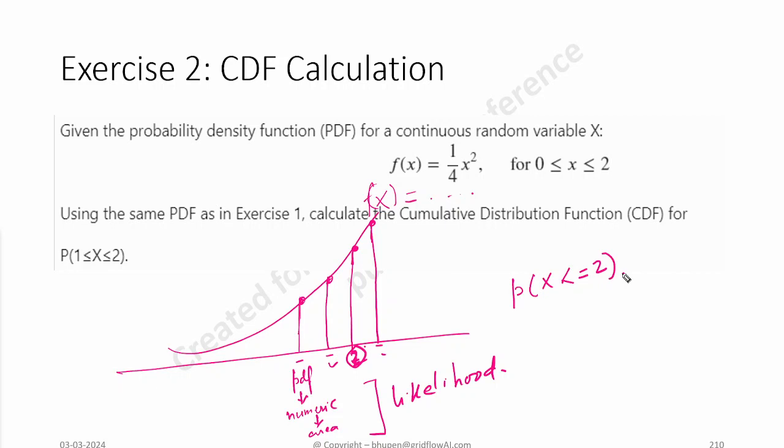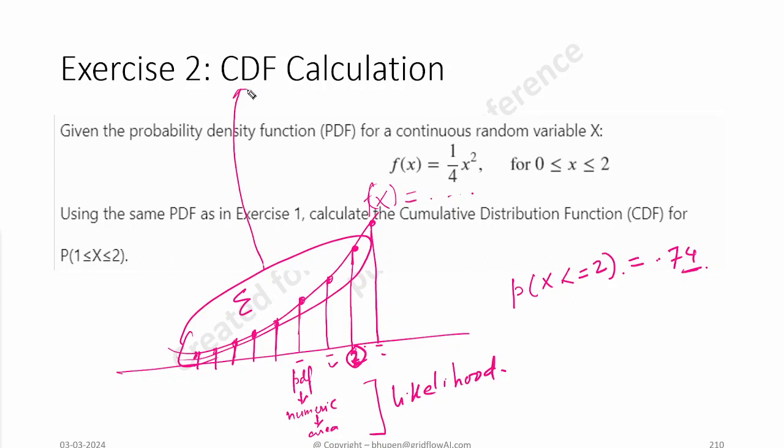In that case, we need to take all of these densities, and then let's say this is 2. So we take all of these and we add them up, and then we get whatever we get. That's the probability. Let's say 0.74. So when we add this, this is called the cumulative density function.